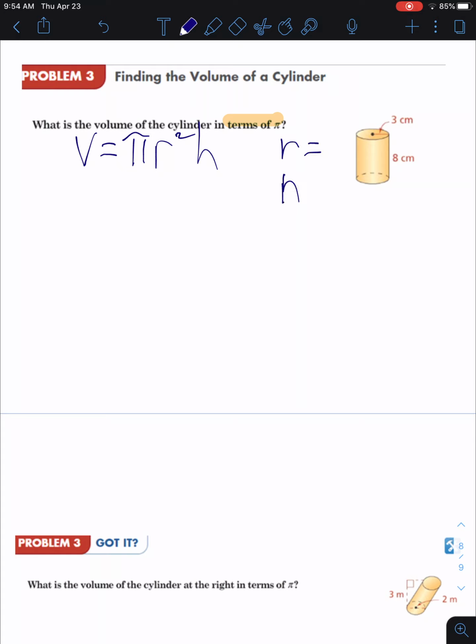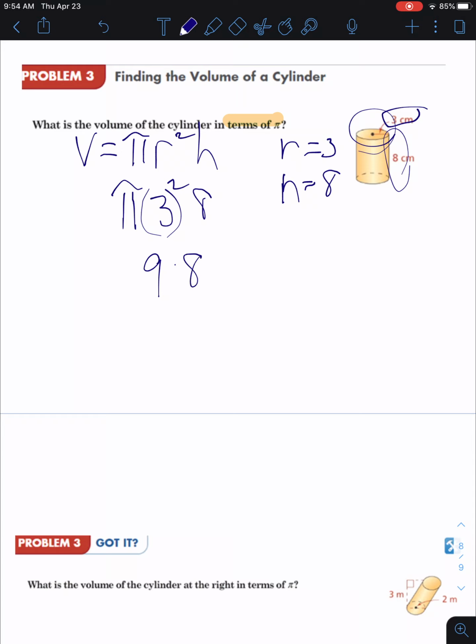Okay, r is the radius of the circle, so r would be 3 centimeters. h is the height, so h is 8. So if we take pi r squared, that'd be 3 squared, times h, or 8, that'd be 9 times 8 times pi, or 72 pi.